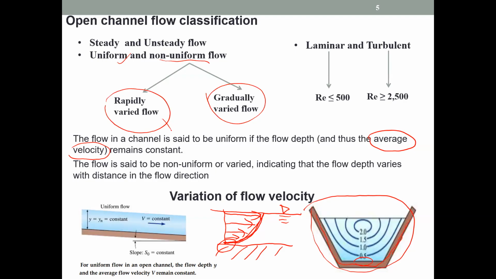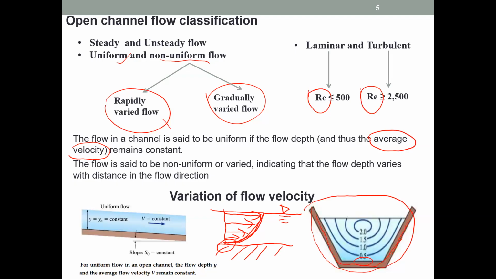Right. Now, when it comes to pipe flow, again, you remember we discussed laminar and turbulent flow. So the parameter we use to define laminar and turbulent flow is called the Reynolds number. If it is pipe flow, what is the threshold we use? Anyone?